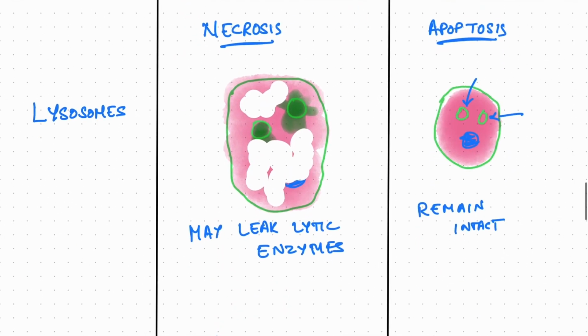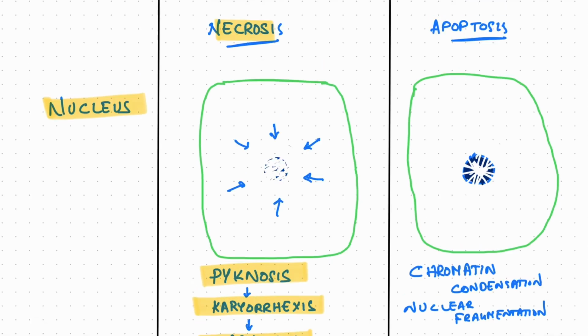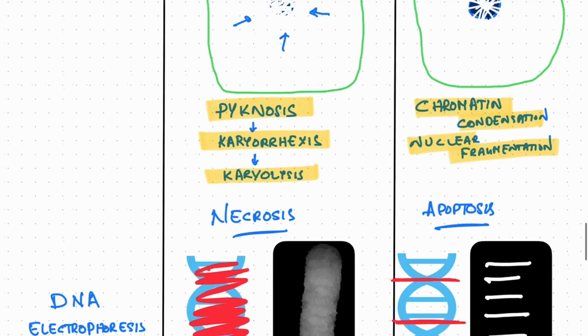The membranes of the lysosomes are affected in necrosis and the lysosomal enzymes can leak out, whereas in apoptosis, lysosomes more or less remain intact. The nucleus undergoes pycnosis, karyorrhexis and karyolysis in necrosis, whereas in apoptosis there is chromatin condensation under the nuclear membrane and later on nuclear fragmentation occurs.